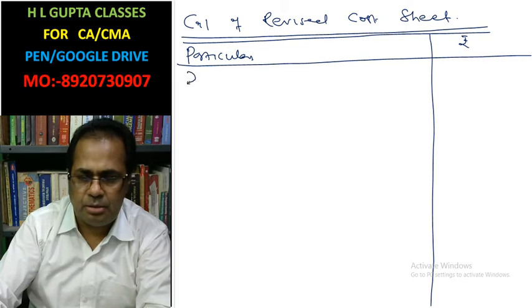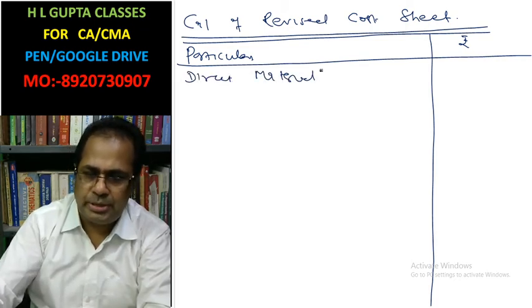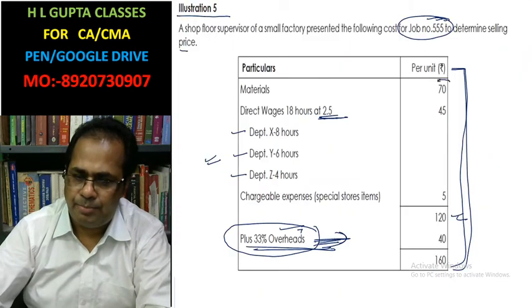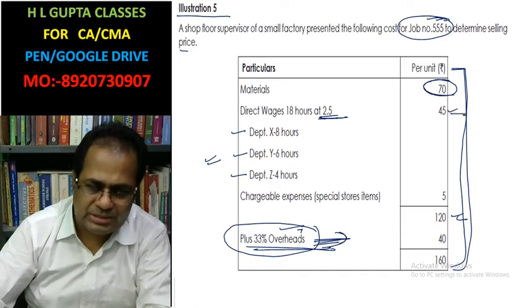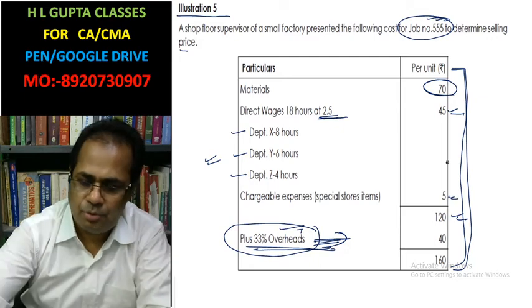Direct material, what is the direct material given? This is rupees 70. Direct wages 45. Direct expenses, this is 5.